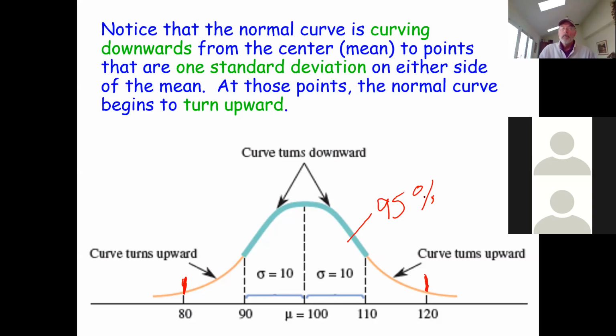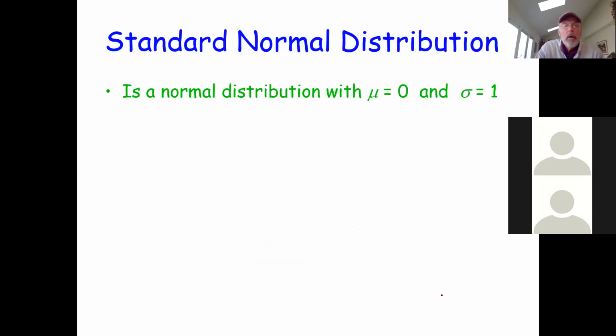All right, and outside of those boundaries, we're going to have 0.05 or 5%, and we're going to divide that 5% and put them on what are called the tails, right around here. Questions?